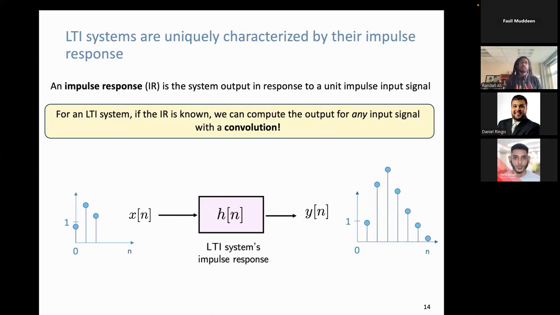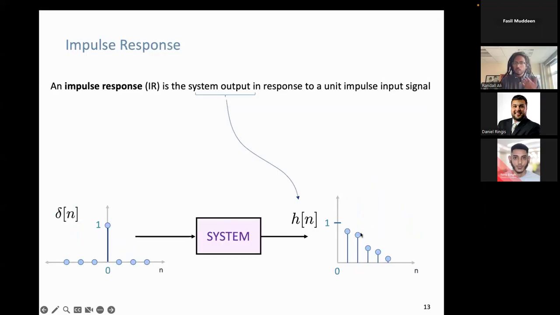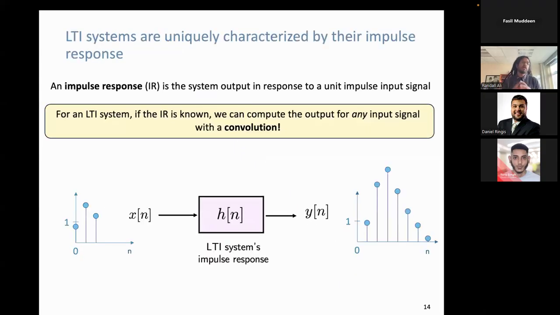It's a really profound message, because it says I have just this one piece of information: I have some system, I hit it with an impulse on the input, I get some output, and if I have that impulse response, I can predict the output of this system for any input, but only for LTI systems. And that's where LTI systems become really important, because that's why we use LTI systems: we can do something like this.